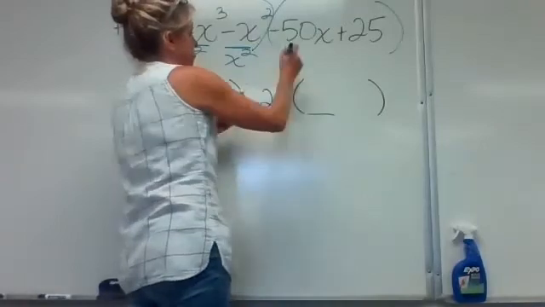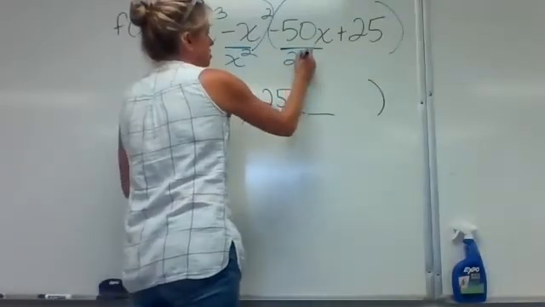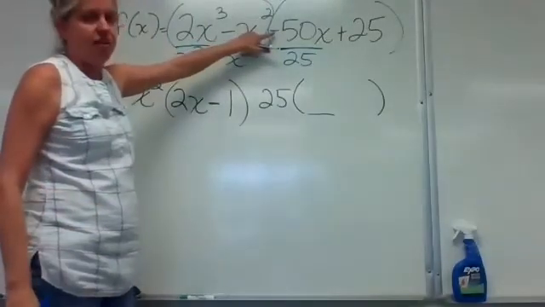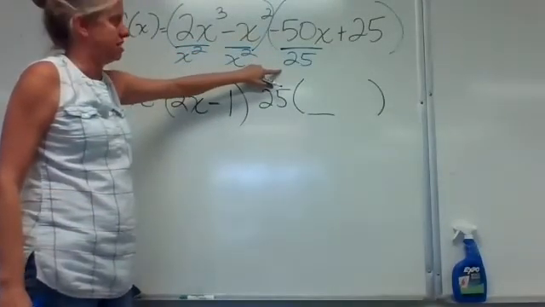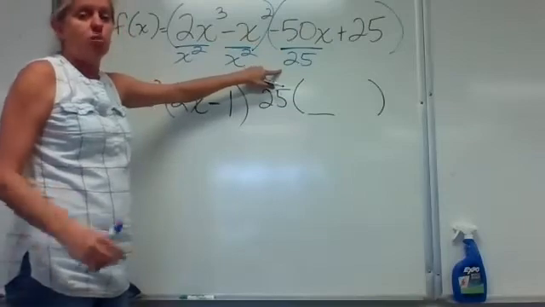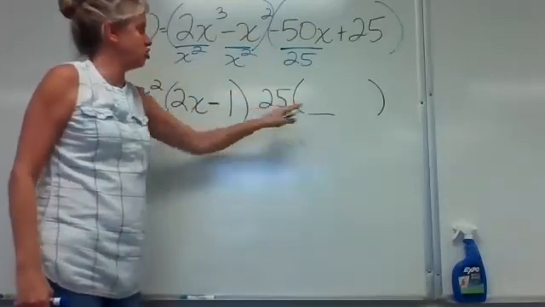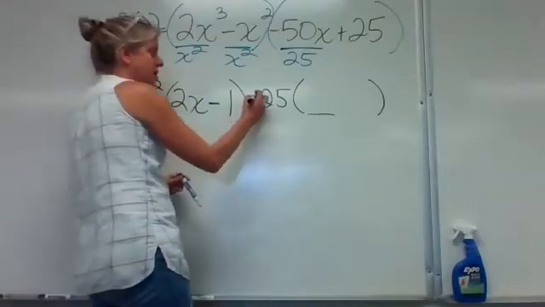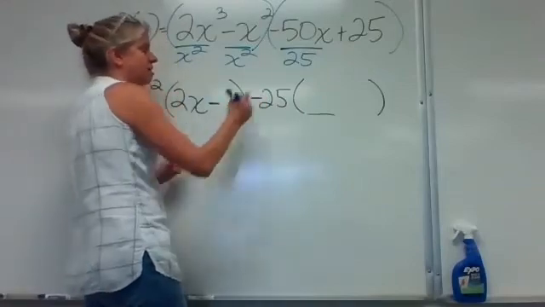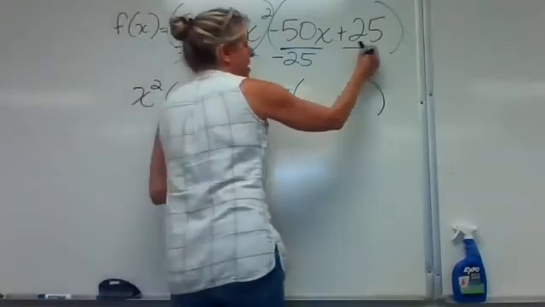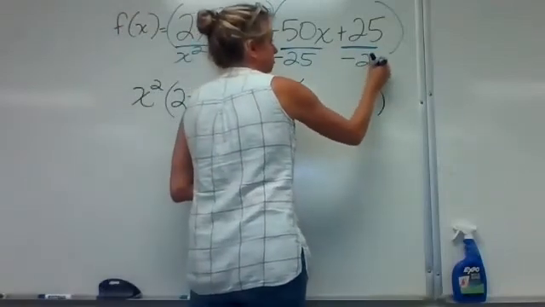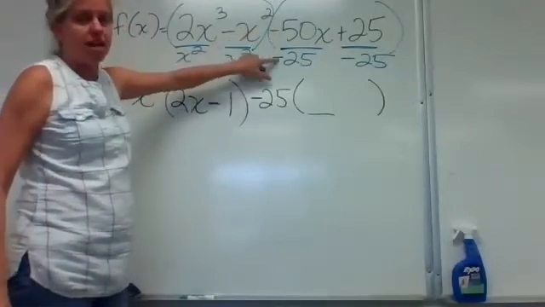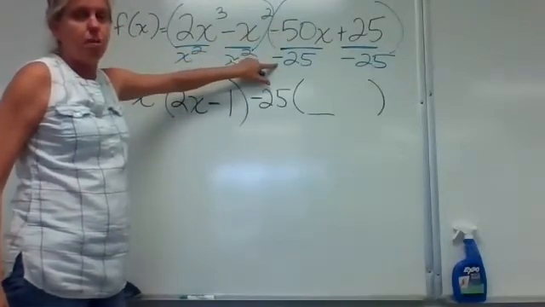So think about this. If you just divide that by a positive 25, what are you going to have left? What's a negative over a positive? You're going to be left with negative 2x instead of positive 2x. That tells me my 25 that I'm pulling out needs to be negative. Because here, what does a negative over a negative turn into?